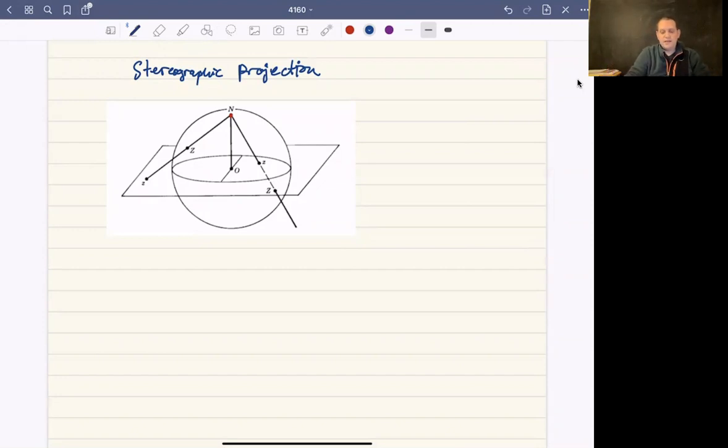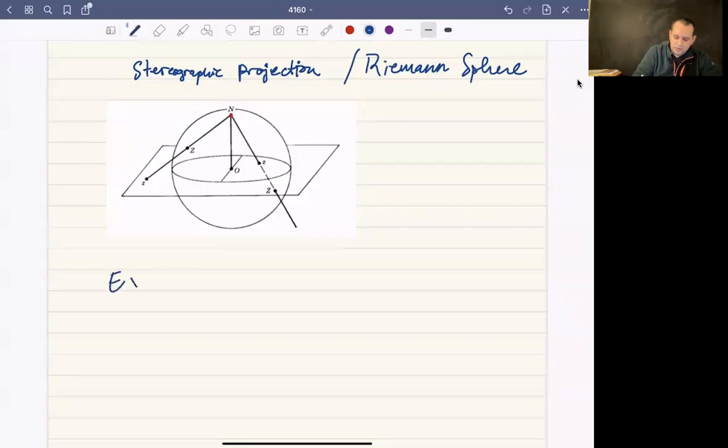So if we take the entire sphere, any point besides the North Pole gets mapped onto this plane, and then we can map the North Pole onto our notion of infinity. When we do that, we get what's called the Riemann sphere. This is a way that we can talk about the set of complex numbers plus infinity, which has a name: the extended complex plane.